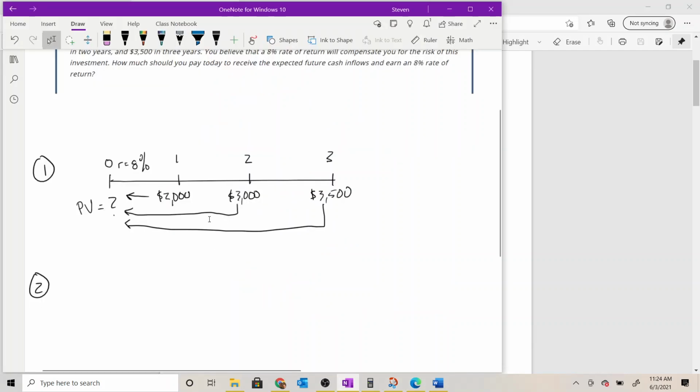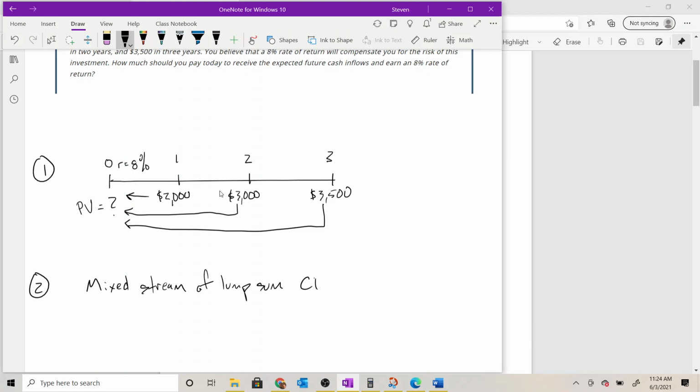Different amounts, of course, but the same general setup. So this looks like a mixed stream of lump sum cash flows. I'll just say CF for short.